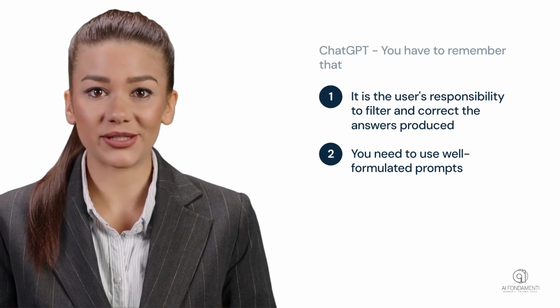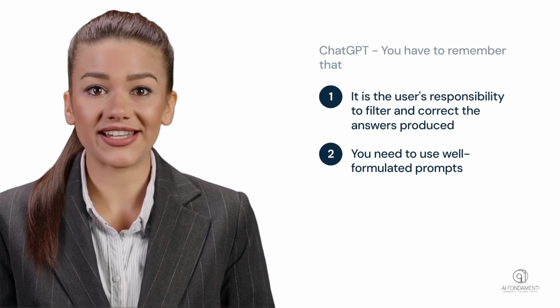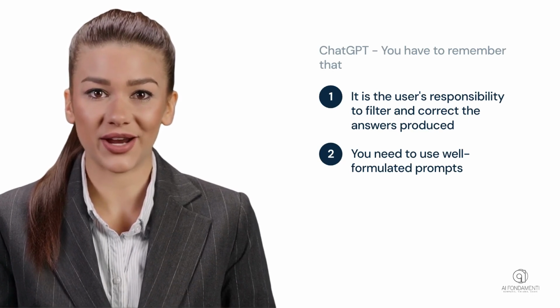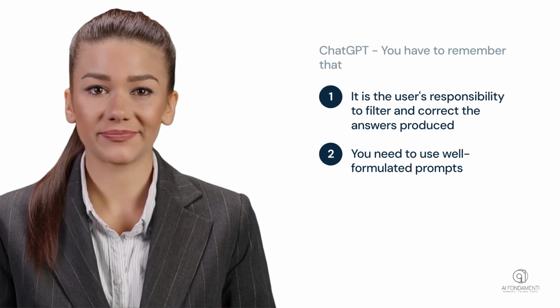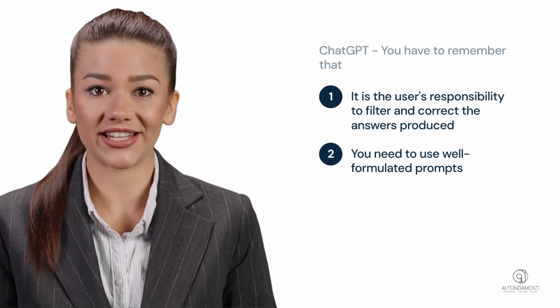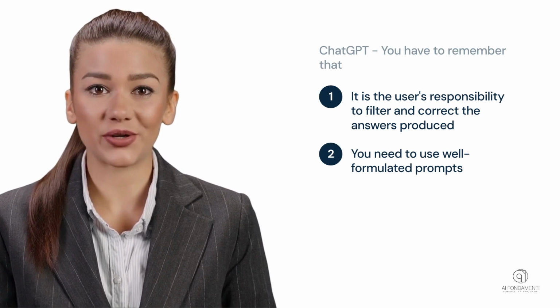One way to get better responses from ChatGPT is to use well-worded prompts. For example, instead of asking, "Tell me all about Einstein," you might say, "Write a short biography of Albert Einstein." Specificity and contextualization help the model generate more relevant answers.